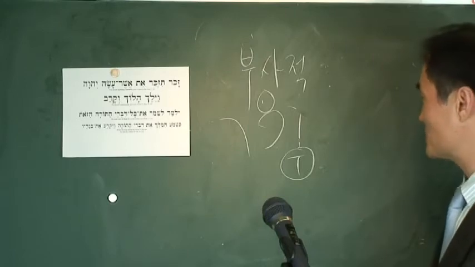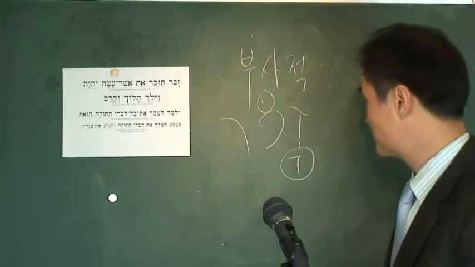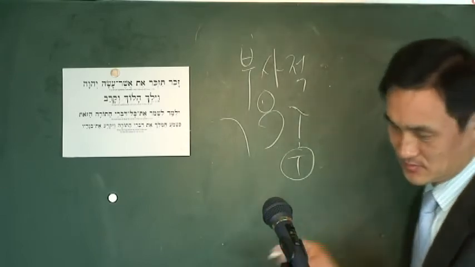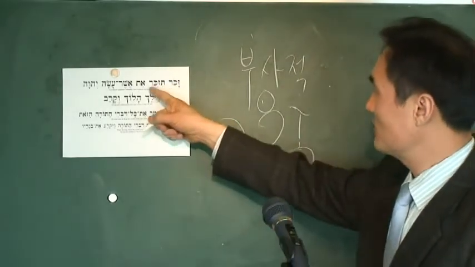We can tell that this is in the infinitive absolute state of the Kal verb because of the a and o forms.